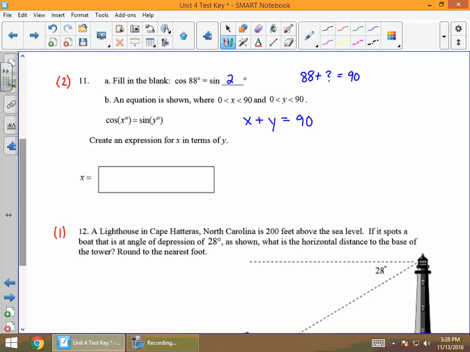So I'm just going to take this x plus y equals 90 and solve it for x. So I'm going to subtract y on both sides. On the left, I have just x. And on the right, I have 90 minus y. So my answer is 90 minus y for x.